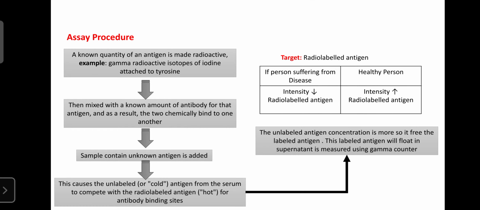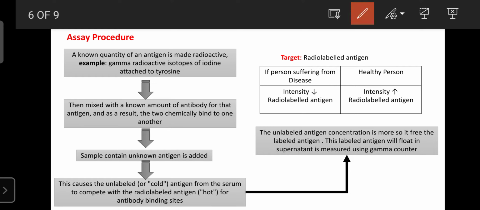Regarding the assay procedure, a known quantity of antigen is made radioactive. For example, gamma radioactive isotopes of iodine are attached to the tyrosines.